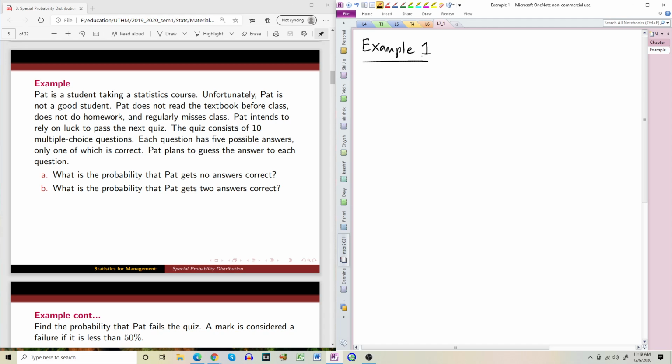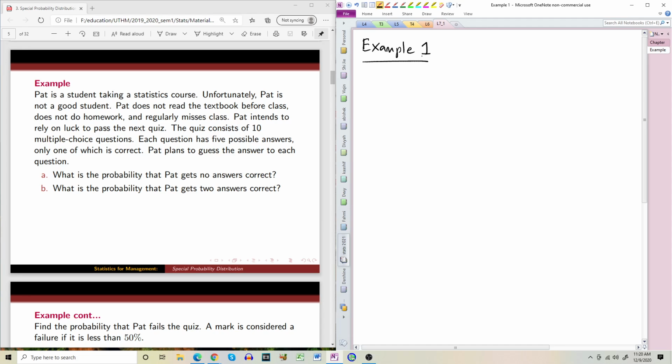Unfortunately, Pat is not a good student. Pat does not read the textbook before class, does not do homework, and regularly misses class. Pat intends to rely on luck to pass the next quiz. The quiz consists of 10 multiple choice questions. Each question has 5 possible answers, only one of which is correct. Pat plans to guess the answers to each question.